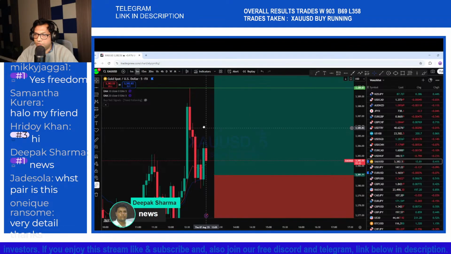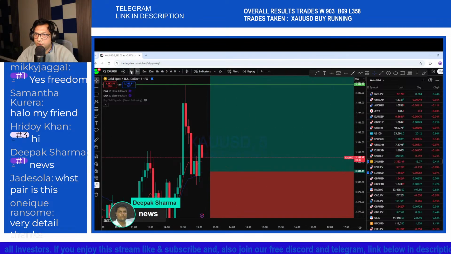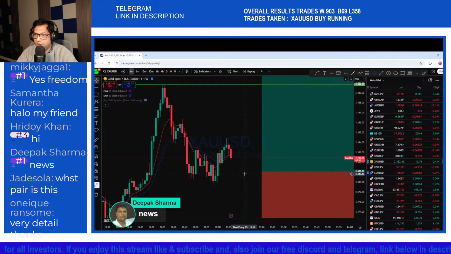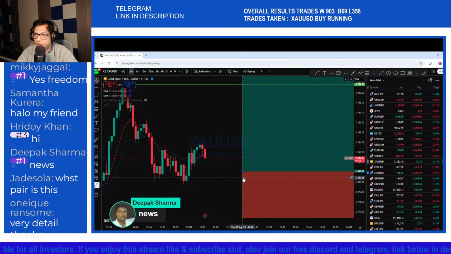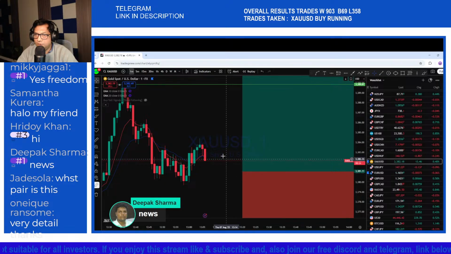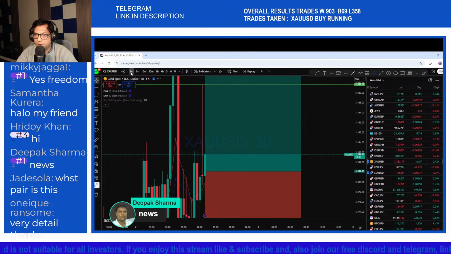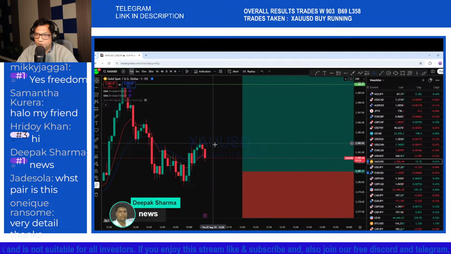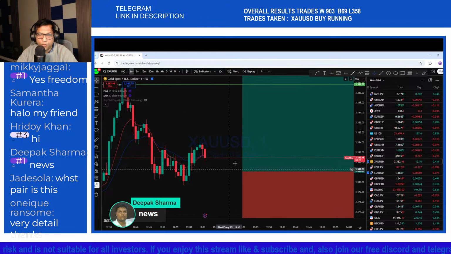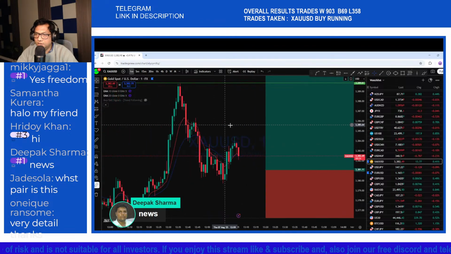Slowly trying to build that pressure back below. But you can see some upside move potentially coming here in that area.